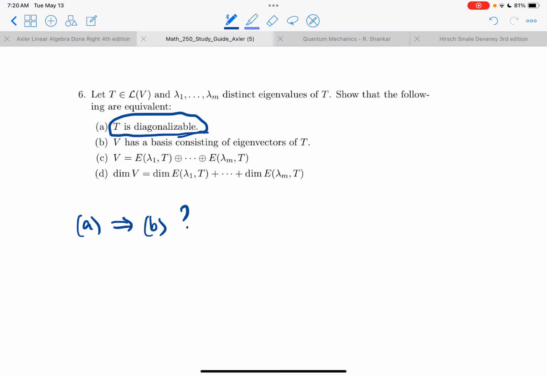Yeah, because if it's diagonalizable, that means there is a basis where the matrix is a diagonal matrix, but then that basis consists of eigenvectors, just immediately from how you multiply matrices. Because the first column of a matrix is the coefficients needed to do Tv1, but if it's a diagonal matrix, then you only need that one coefficient, Tv1 equals lambda 1 v1. So it's almost immediate from the definition that A implies B.